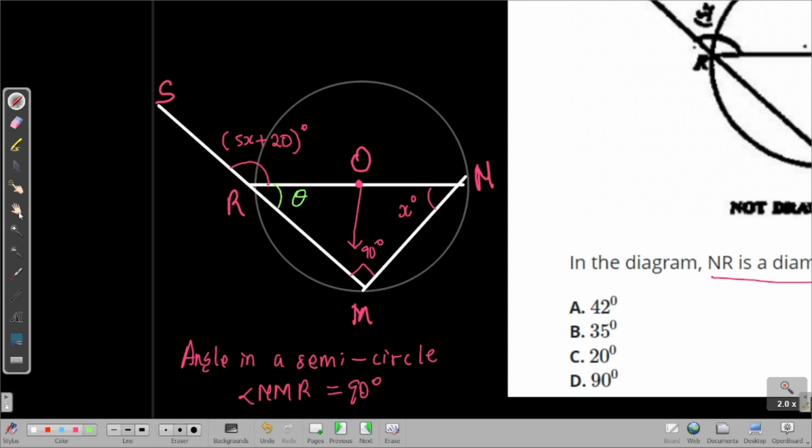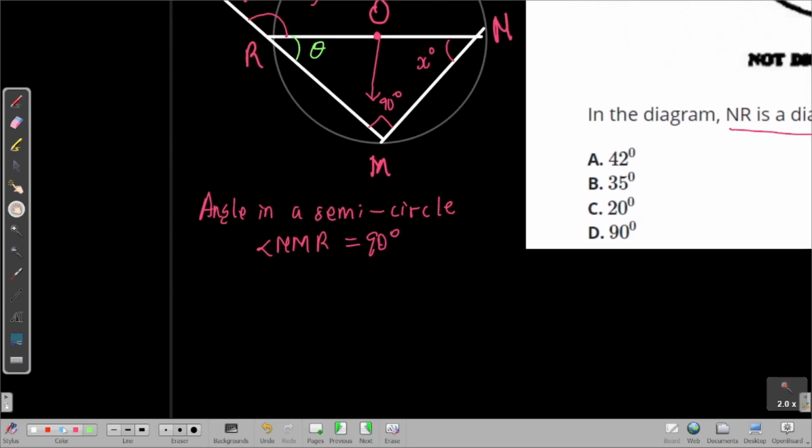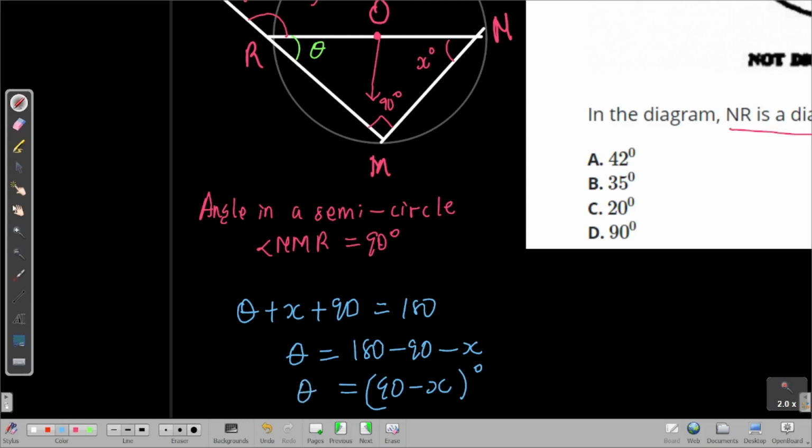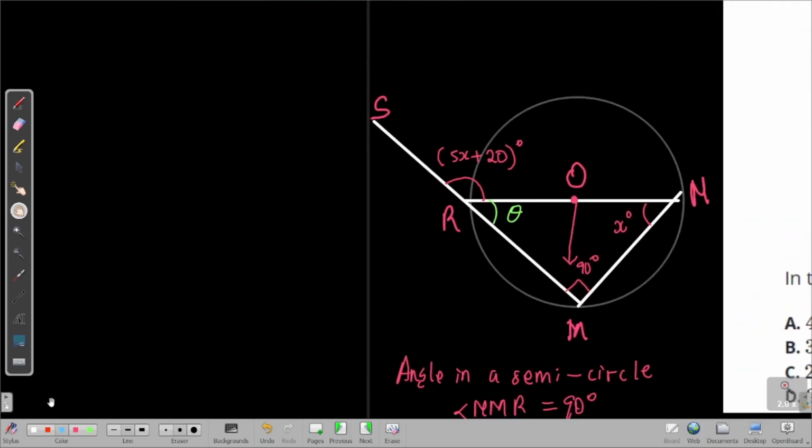What would theta be? Well, we know that the sum of angles in a triangle is 180. So theta plus x plus 90 is equal to 180. Theta is equal to 180 minus 90 minus x. That's 90 minus x. So theta is 90 minus x degrees. So it means this line here, if I invert the line for you, it looks like this.